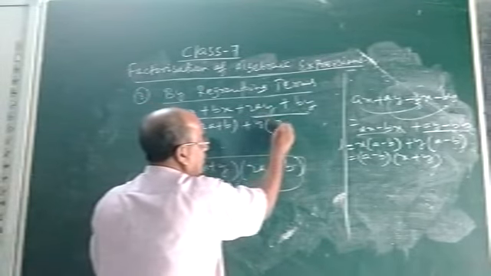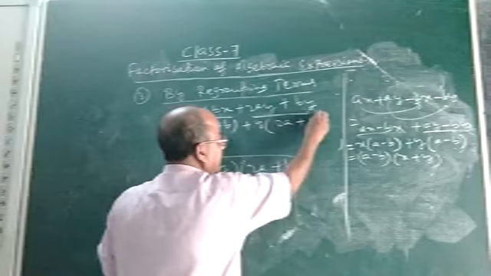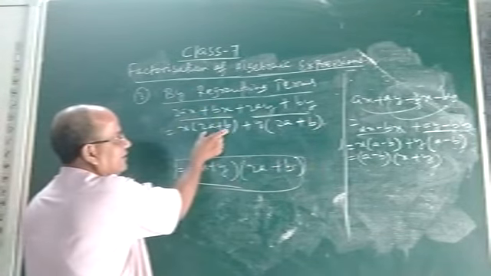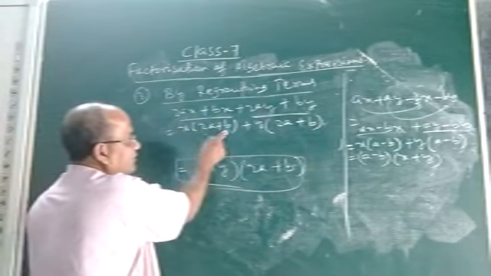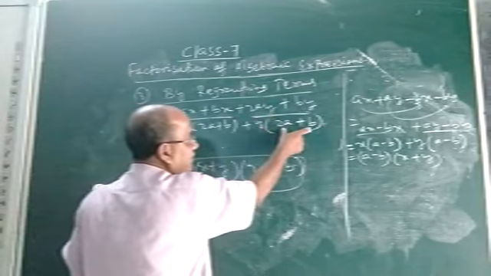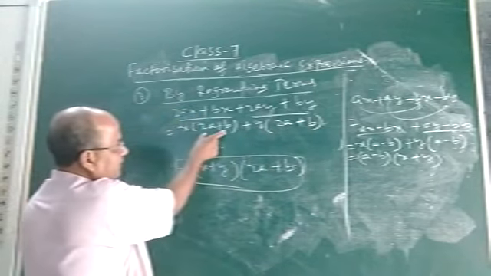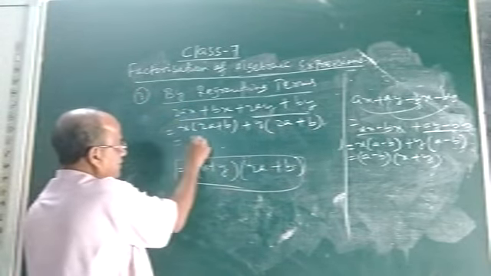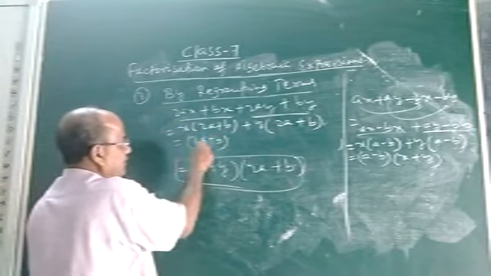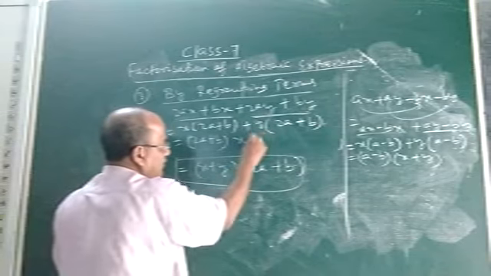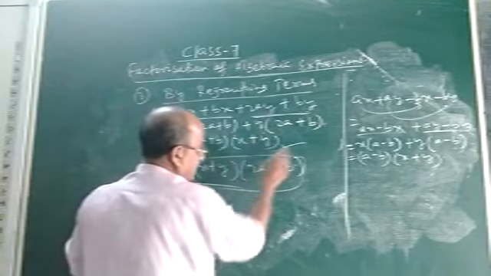If y is taken common, what will be left? 2a. What will be left here? b. Now by taking x we got this binomial, and by taking y as common we again got the same binomial, 2a plus b. Now this 2a plus b can be taken common again. By taking 2a plus b, what will be left here? X, and what will be left here? Y. Did you get the same answer?